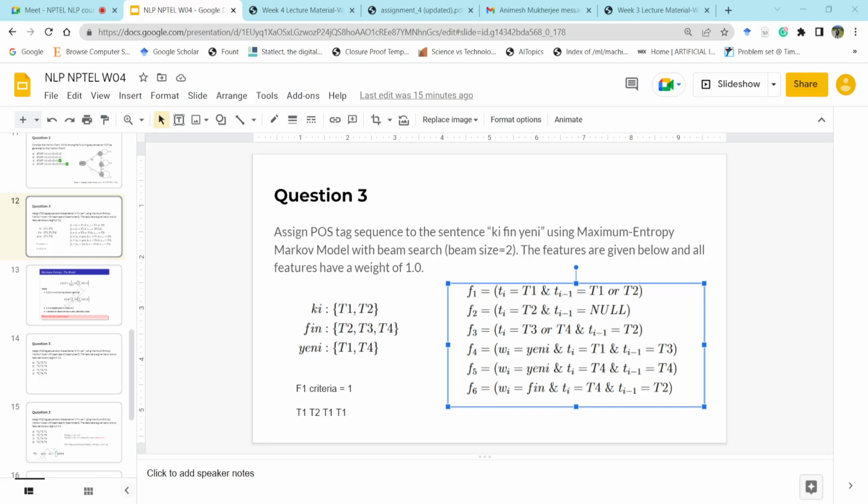Now let us focus on the next part, p lambda given t2 comma ki. What will be the solution for this?